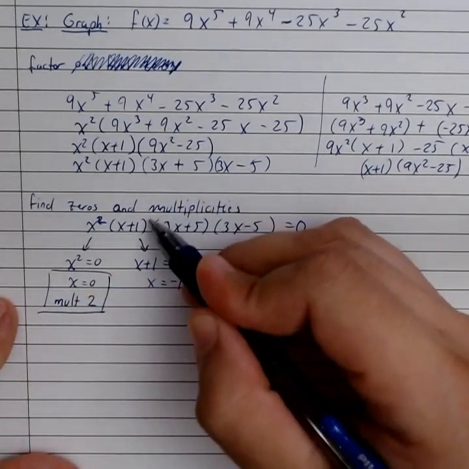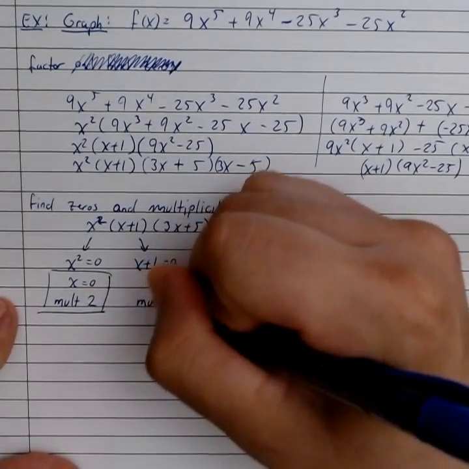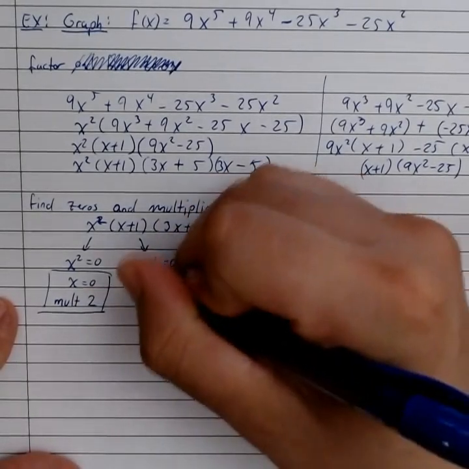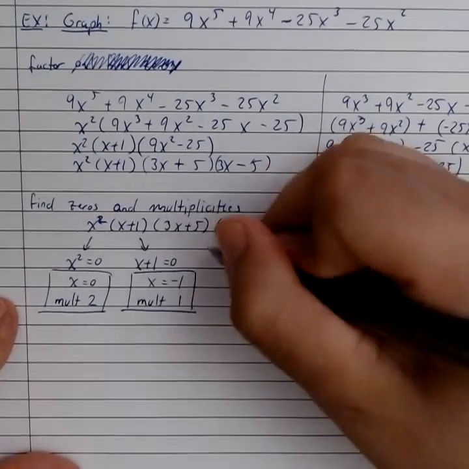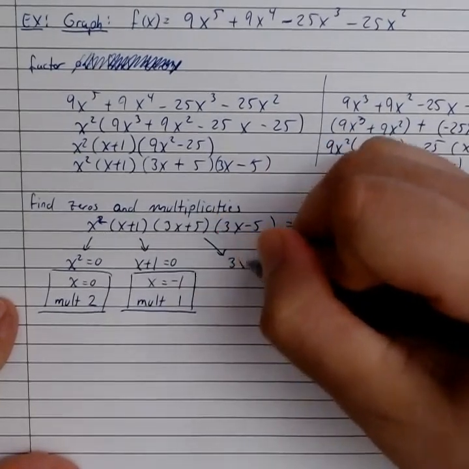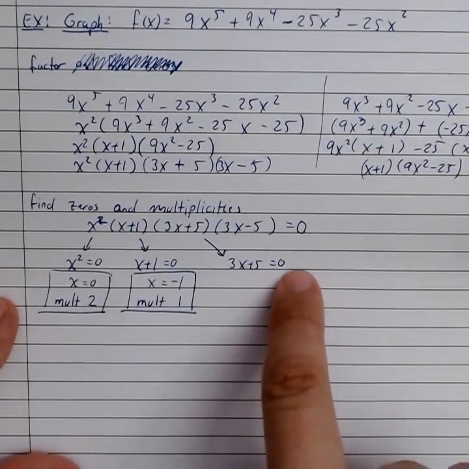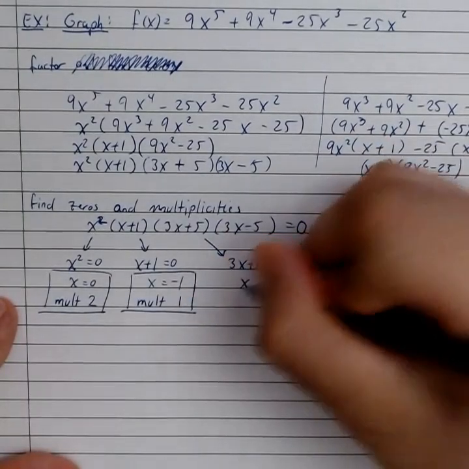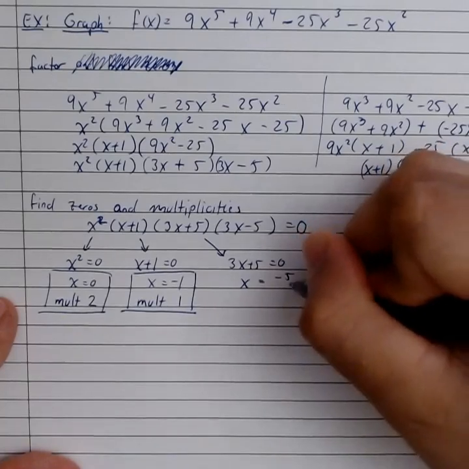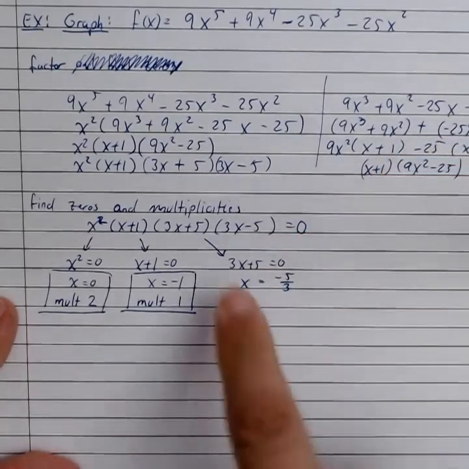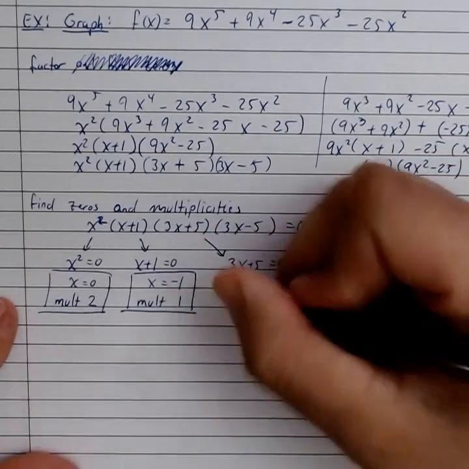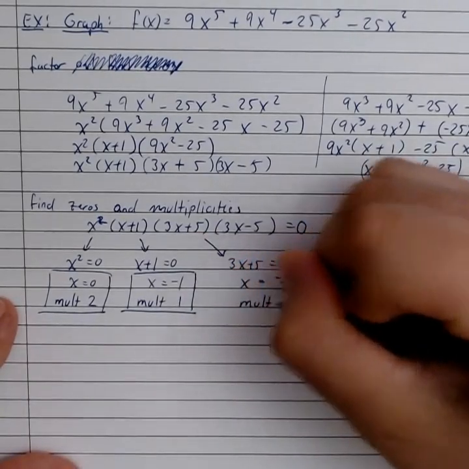Notice the power of this one is 1, so this has a multiplicity of 1. If I have 3x plus 5 is equal to 0, I can subtract 5 over this way and then divide by 3. So negative 5 over 3. And again, the power on that factor is 1, so here I have multiplicity 1.